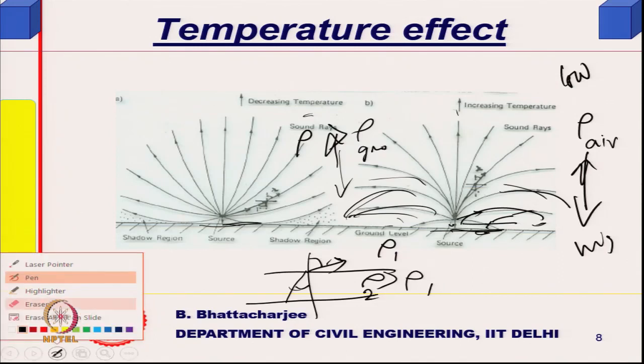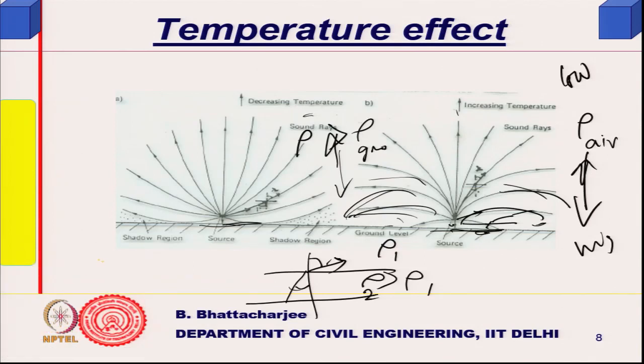The opposite effect means you are going from a rarer medium to a denser medium. So, sound will bend inward in this direction, and if it bends continuously, it will have a tendency to have a sound shadow at the ground level and relatively more sound at the top level.